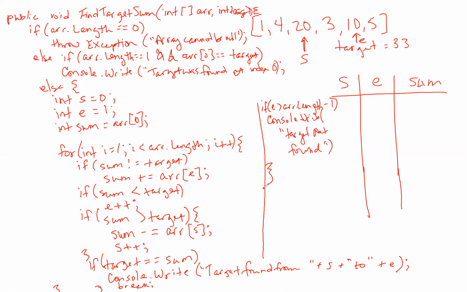All right, so let's go ahead and check this out. We'll just keep our target at 33. So we start off, and first we look, is array.length equal to 0? No, it's not. If it's 1 and it's equal to the target, we found it.